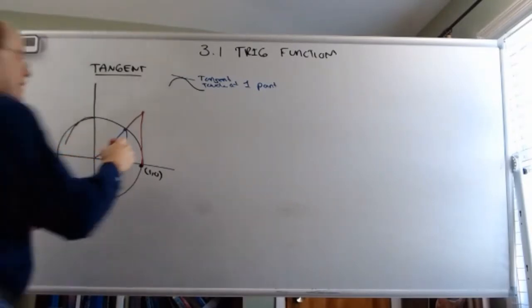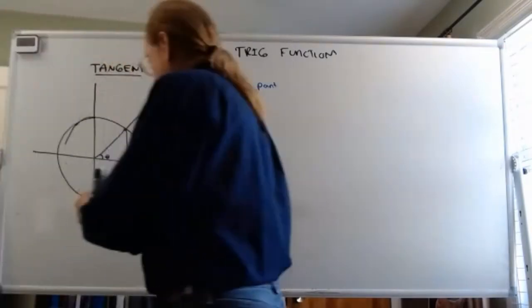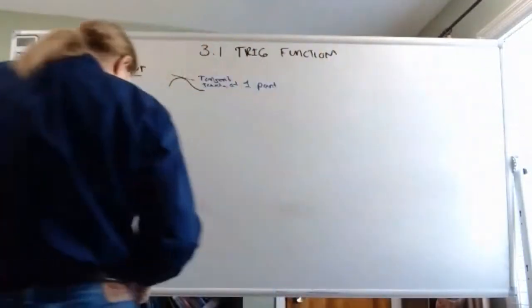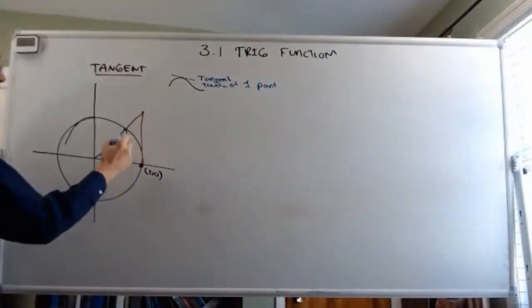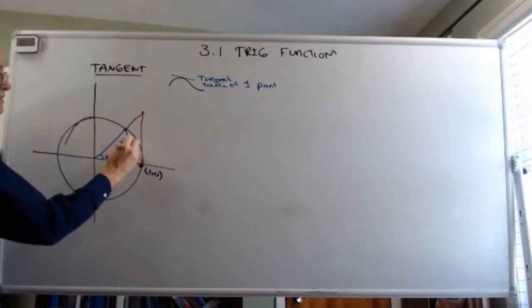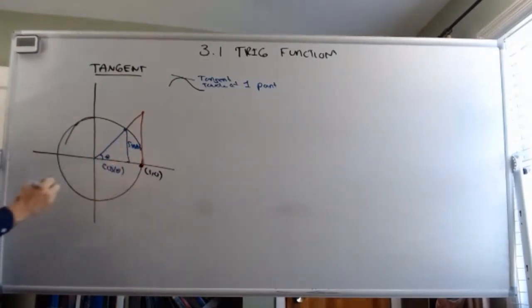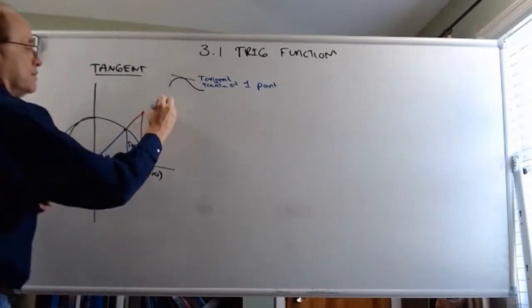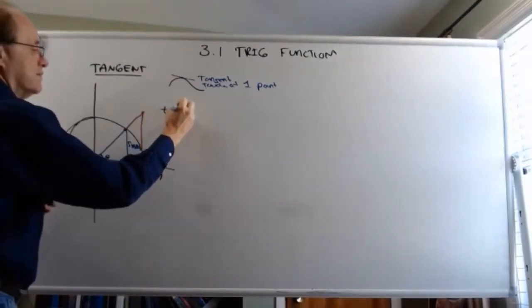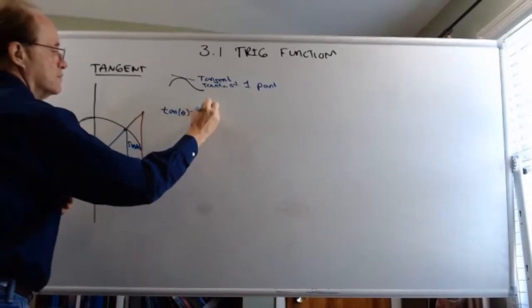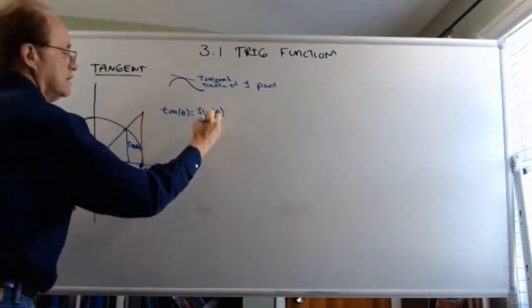Now this length here, that blue length, is the sine of theta. Down here, that's the cosine of theta. And we define the tangent of theta to be the ratio of those two, sine over cosine.